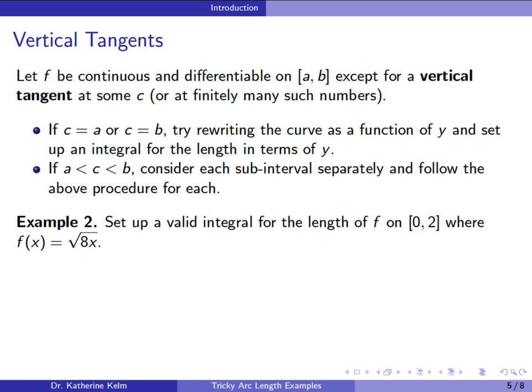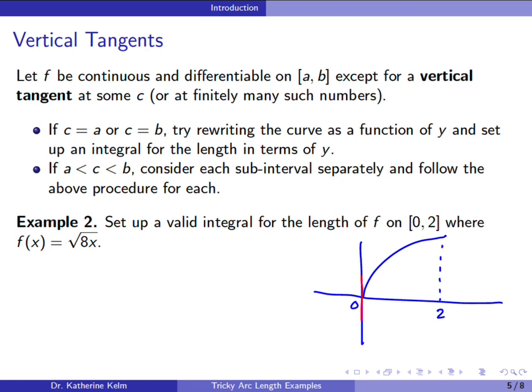Now, if you know what the graph of f of x looks like, you will be suspicious right away that we're going to have a problem at x equals 0. Here is f of x equals the square root of 8x. And here's x equals 2, here's x equals 0, where we have what looks like a vertical tangent.